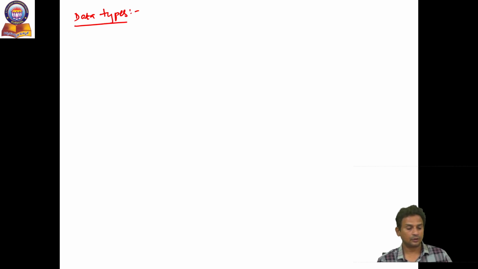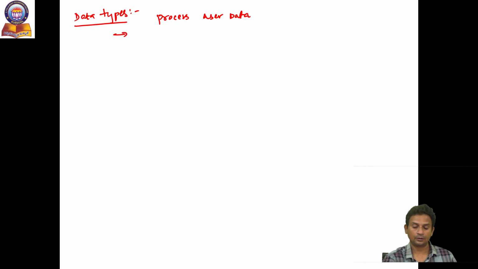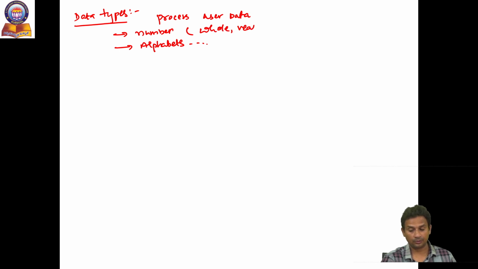So generally, we'll be writing programs in order to process data. We write programs to process user data. User data can be numbers or alphabets, etc. And the numbers can be whole numbers or real numbers.